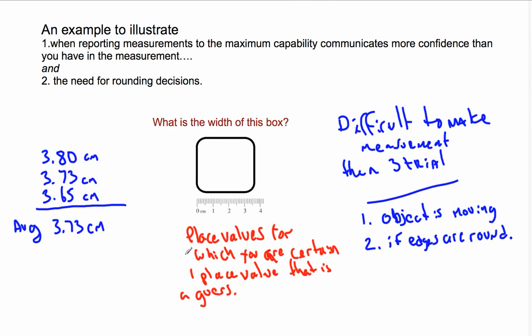Okay, so that's the same rule for making maximum capability measurements.